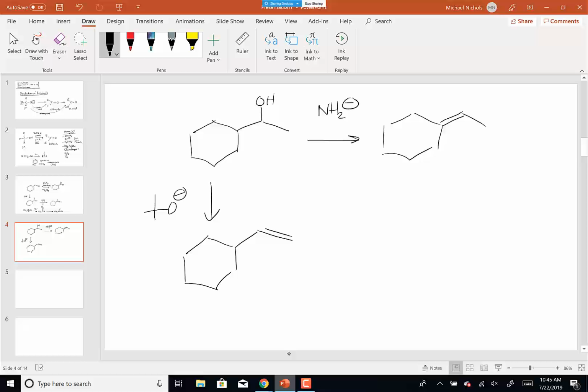What's his issue? The OH? That's a good question. Would NH2 minus deprotonate the OH instead of forming the double bond? That would be a way around it.